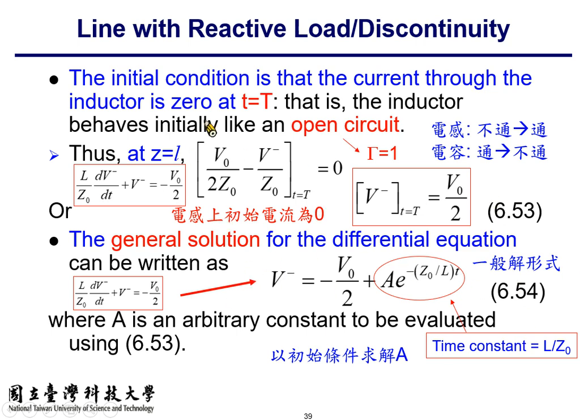For example, you need to satisfy the initial condition. So let's read the first sentence over here. The initial condition is that the current through the inductor is 0 at t equal to capital T. What is capital T? Capital T is the time required for the signal to propagate from the left-hand side to the right-hand side, because the switch is closed at t equal to 0.